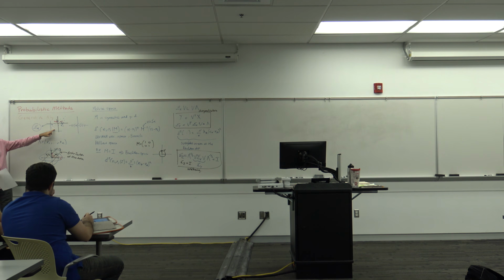This data gives me the covariance matrix, which gives me the metric, which basically tells me how this data is distributed in my space, and therefore I can compute my metric.